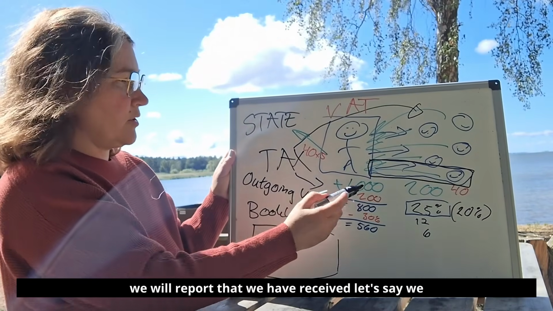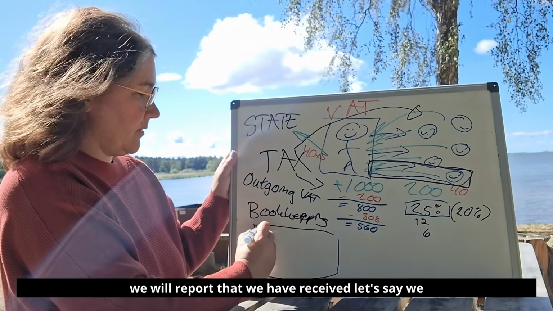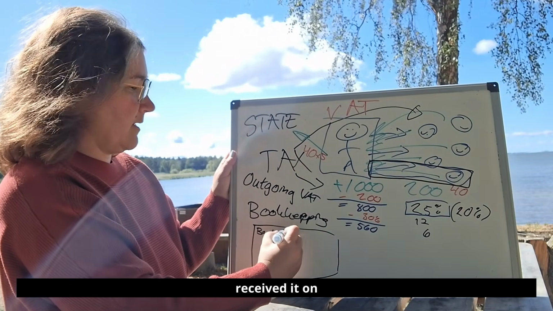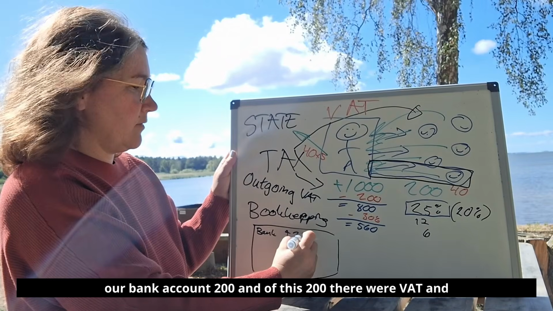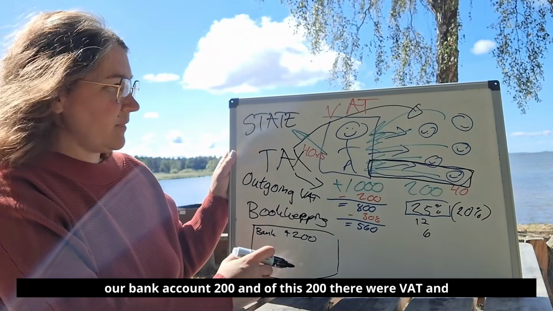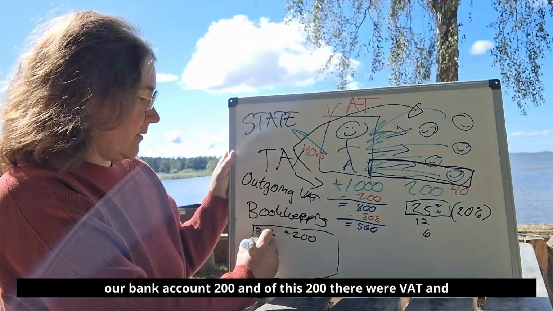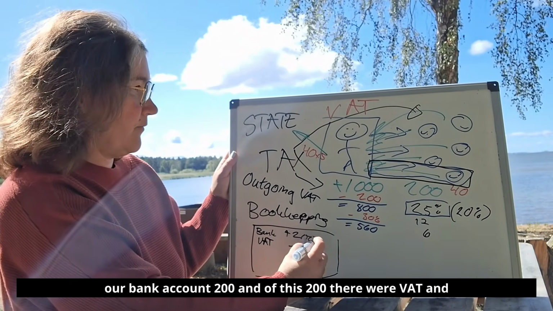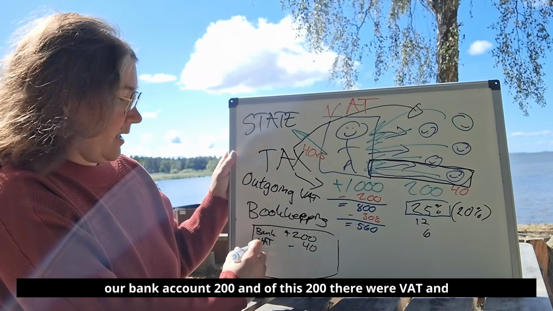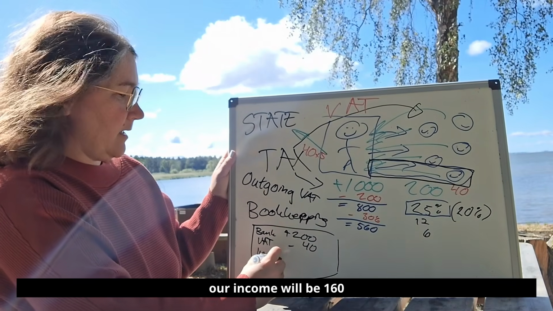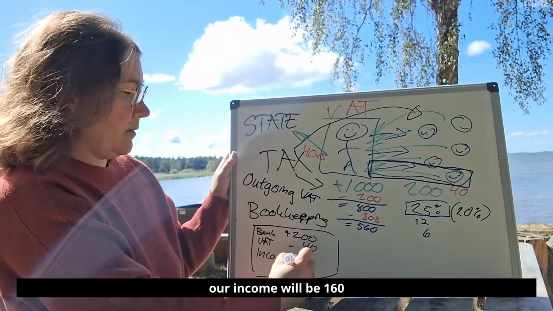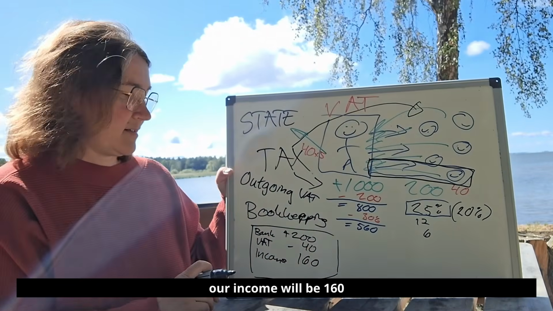So we take one separate transaction, and in the bookkeeping, we will report that we have received, let's say we received it on our bank account, 200. And of this 200, there was VAT, and our income will be 160.